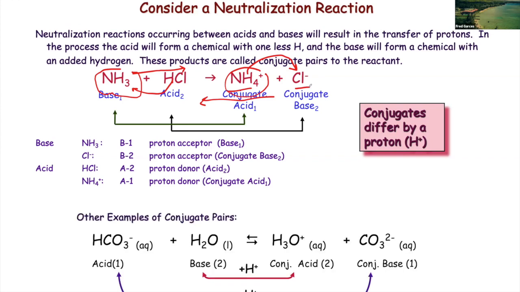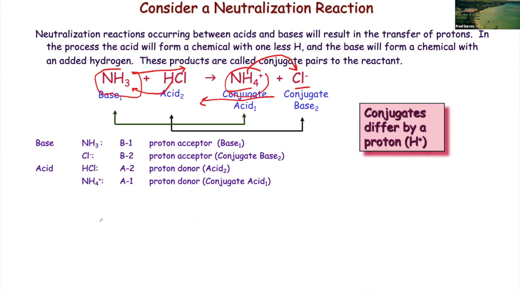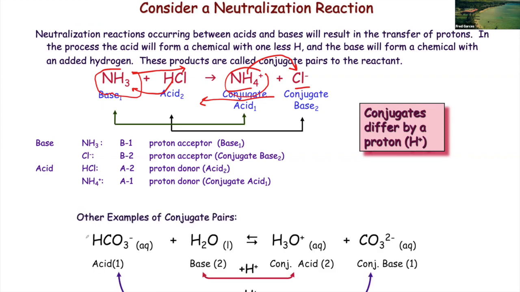Here's another example. We have bicarbonate now, HCO3 minus. In water, it can deliver its hydrogen, right here. And by delivering its hydrogen to water, it's the acid. But in the reverse direction, H3O plus is the one that delivers its hydrogen to the carbonate ion.